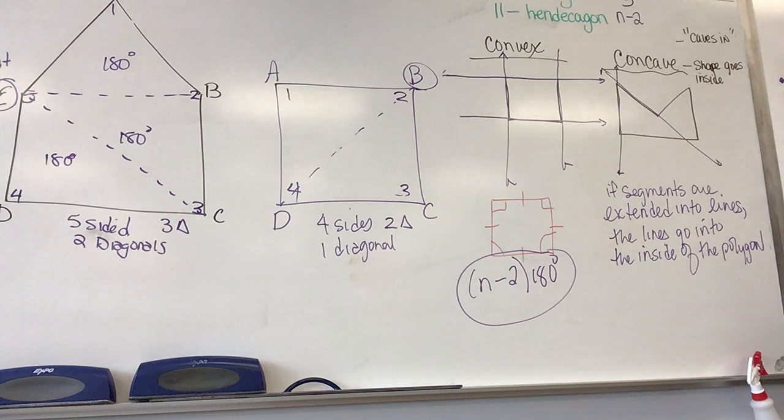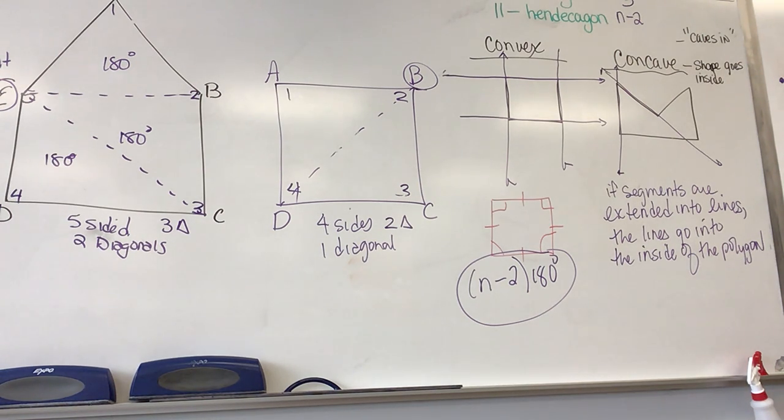Each. Excellent. And you can put it in brackets. You don't have to. I actually like how you said to put it in brackets so you know to do the whole top and then divide it by n. This is fantastic.